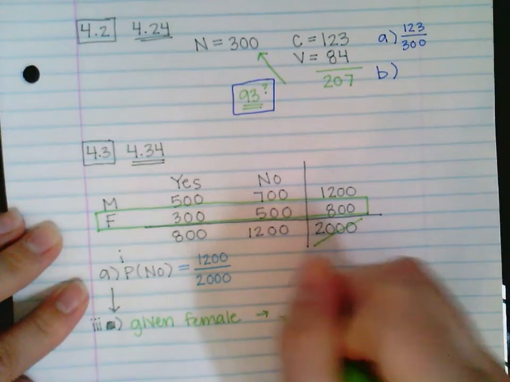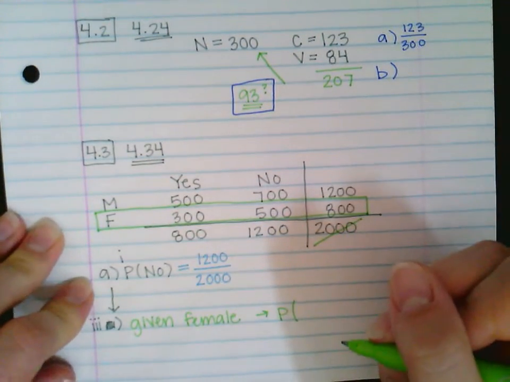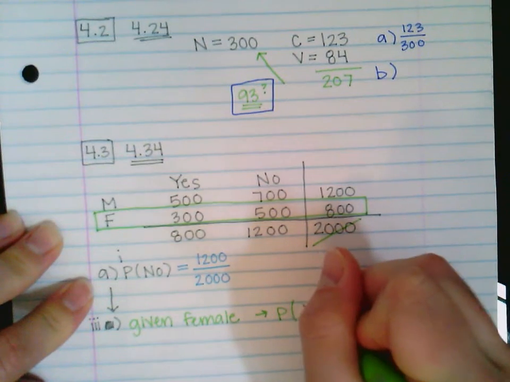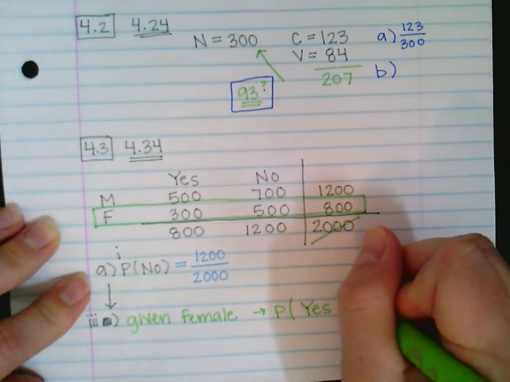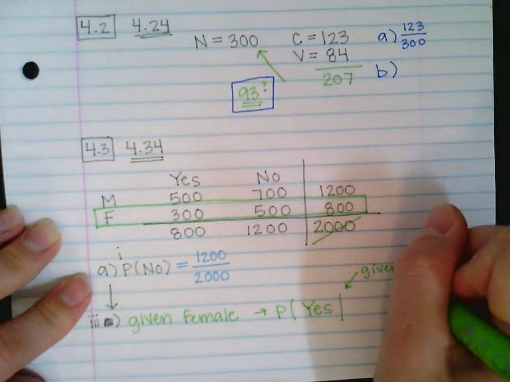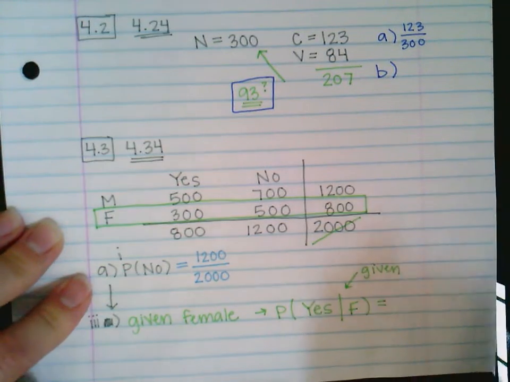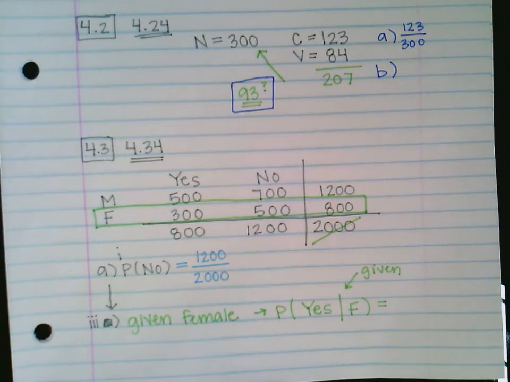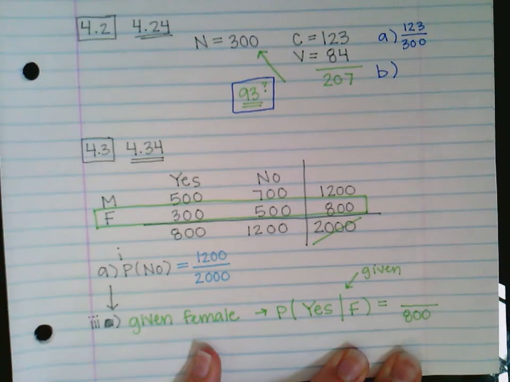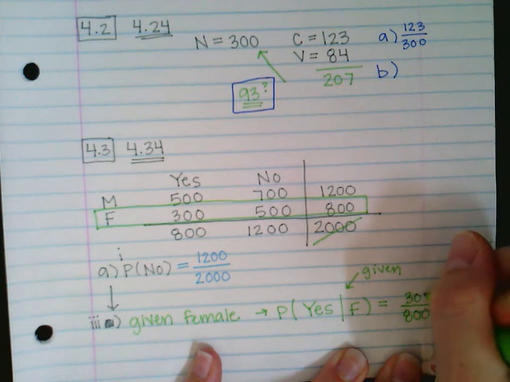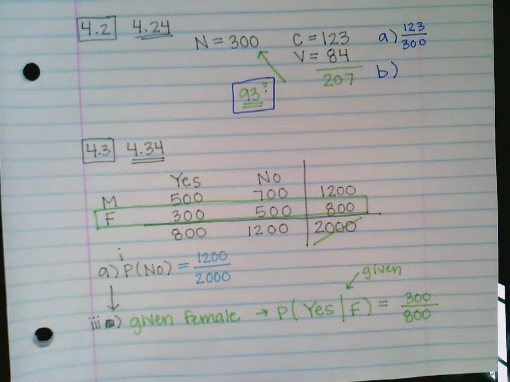So the probability that they have shopped on the internet, given, that bar right there is our notation for given, they are female. Now this changes our total, and we're no longer out of 2,000 because I don't care about everybody, I just care about females. So 800, and then yes, given they are female, I'm going to change that there.